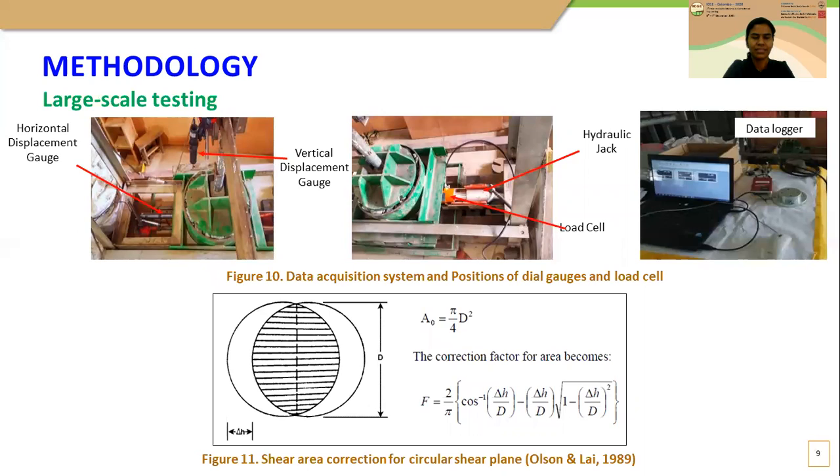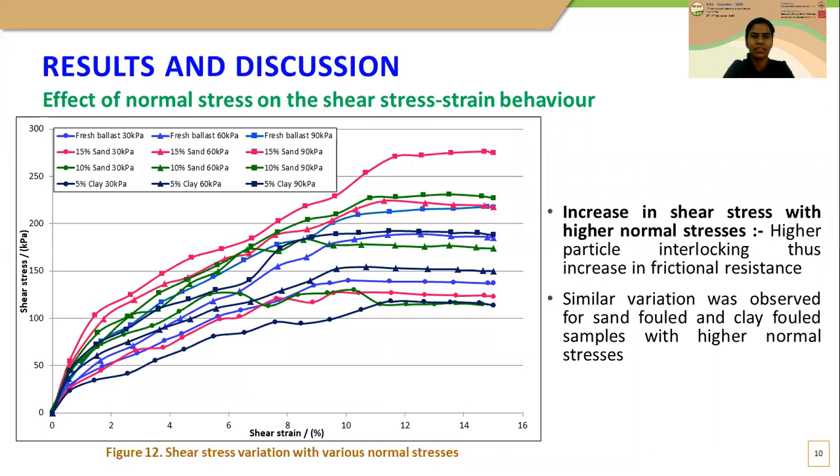As I mentioned previously, horizontal and vertical displacement gauges and a load cell were used to extract the results using a data logger system. Since the shear area is circular, a correction factor suggested by Olson and Leib was used in the calculation. The graph shows the shear stress variation of all four types of samples under different normal loads with the shear strain.